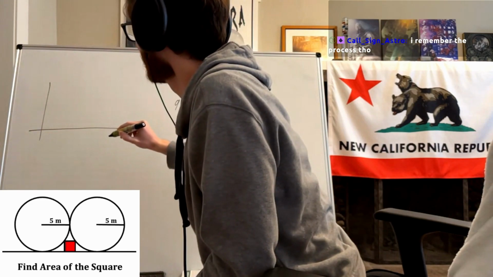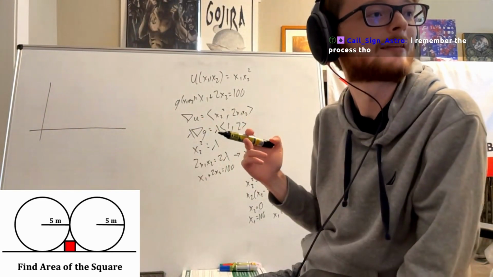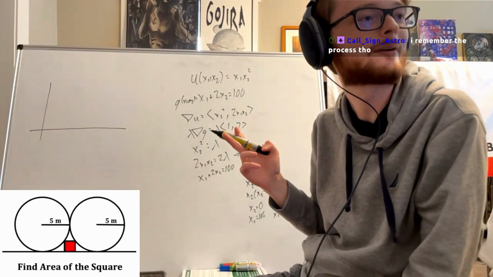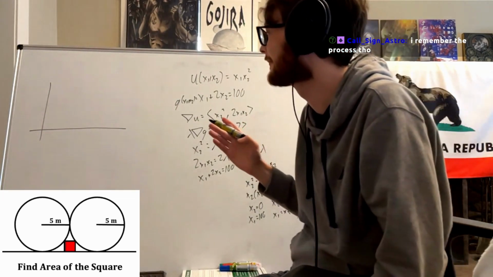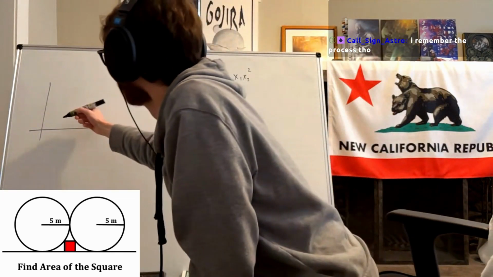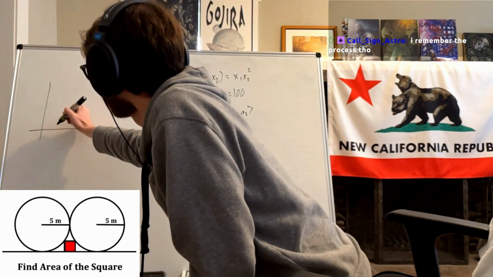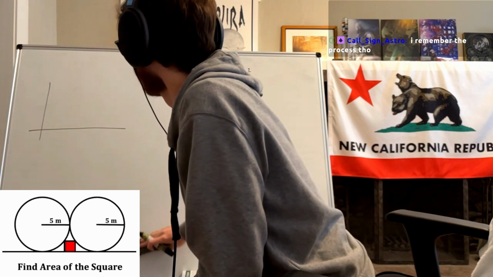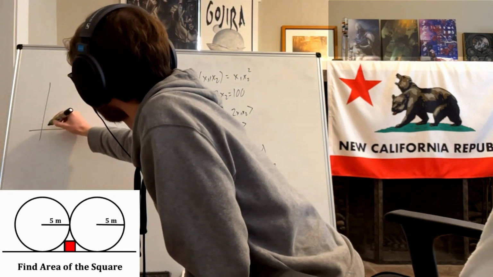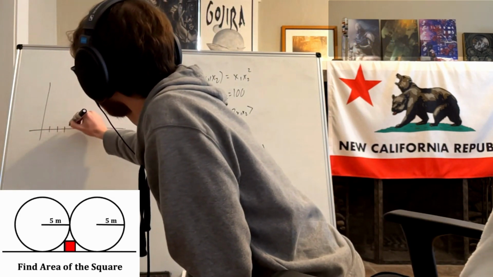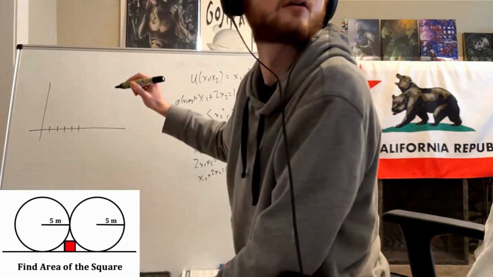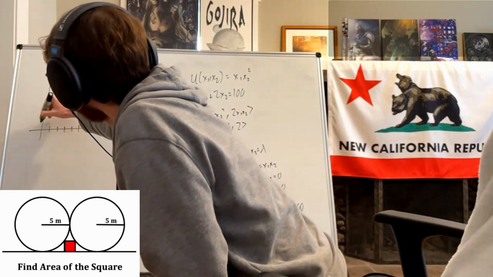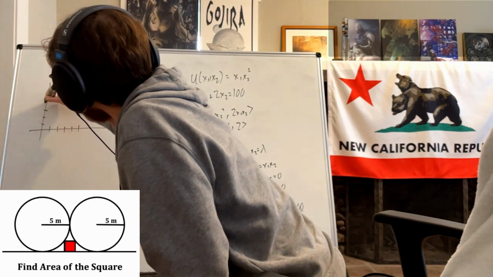So if I come over here and I say, remember the process though? Okay. How do I want to draw these? I'm gonna say 1, 2, 3, 4, 5.